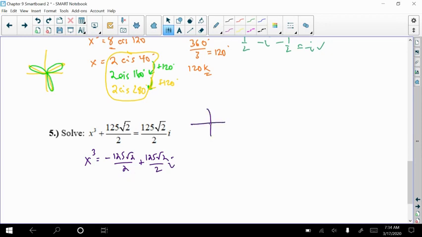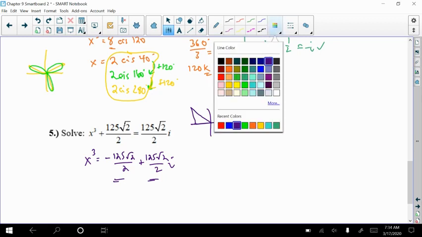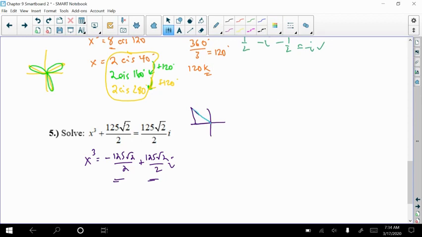If we graph this over and up, it's a 45-45-90 triangle. And these aren't maybe the nicest initially, until you realize, wait a minute, times root 2. So my hypotenuse is exactly 125, because root 2 times root 2 is 2, and that 2 cancels.